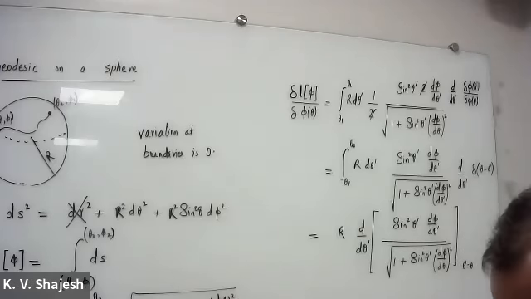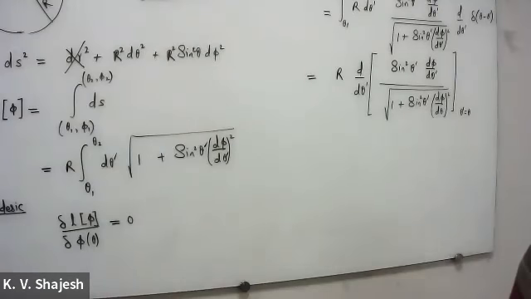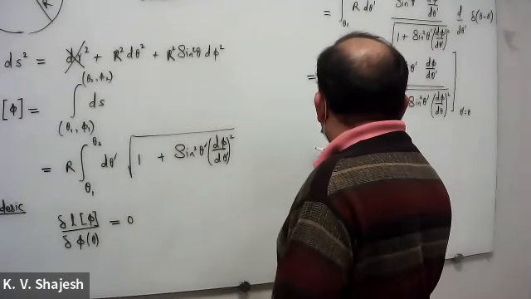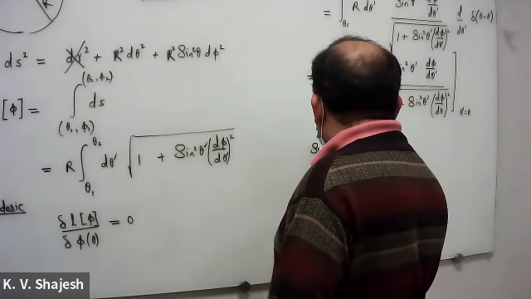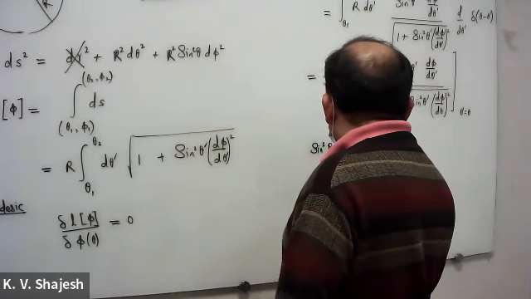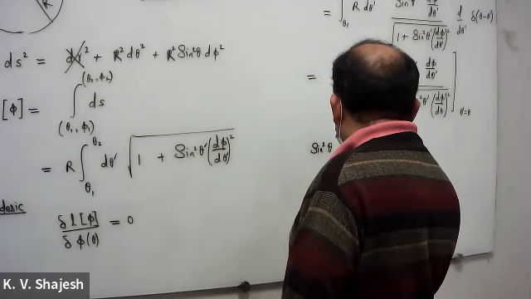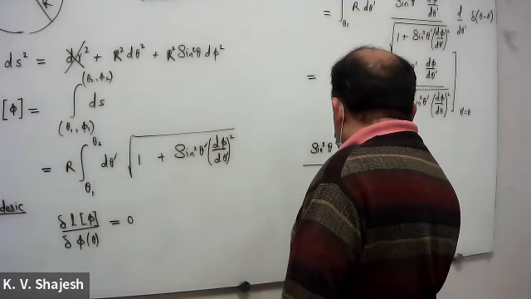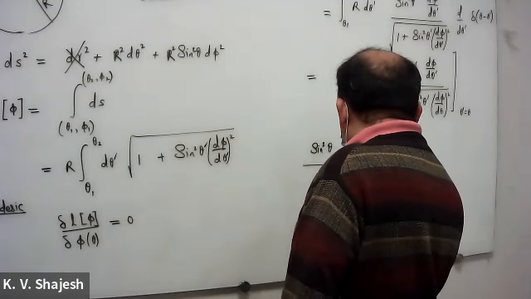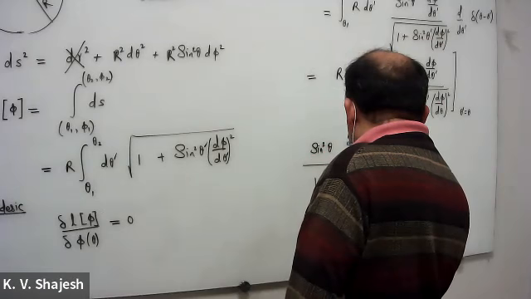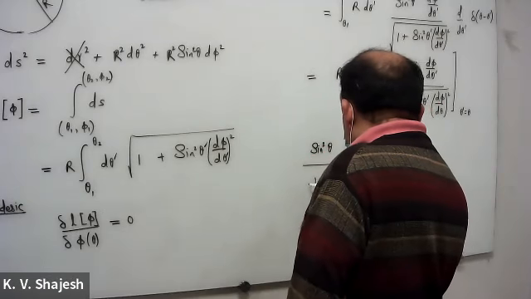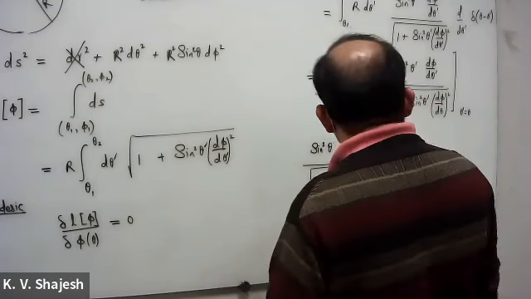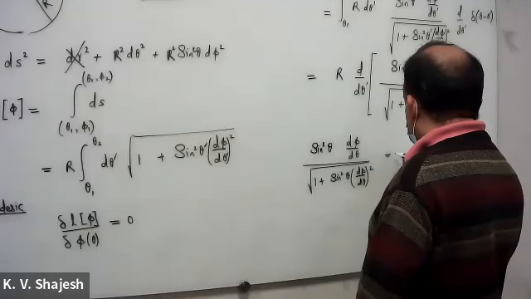If you set that to 0, that's a total derivative, and you have sine square theta d phi by d theta over the square root of 1 plus sine square theta d phi by d theta squared is equal to a constant.